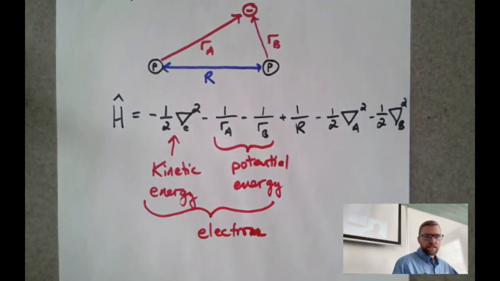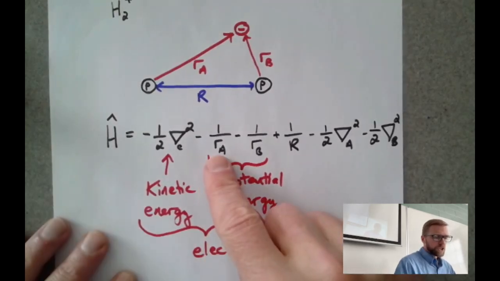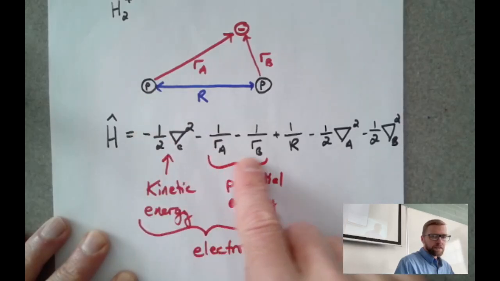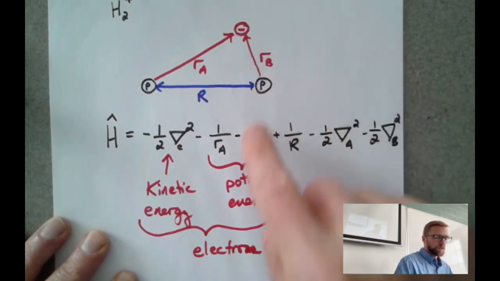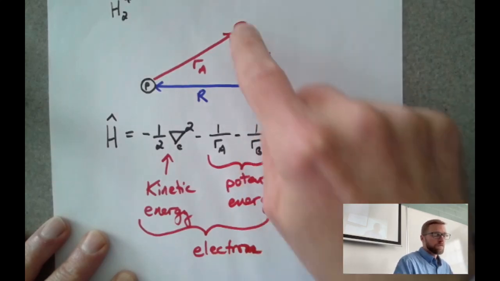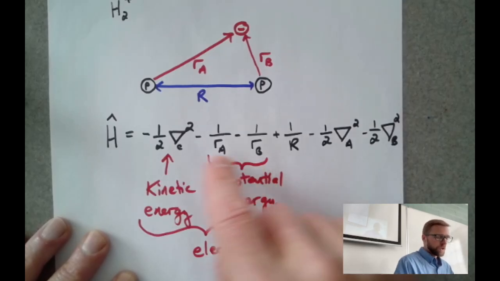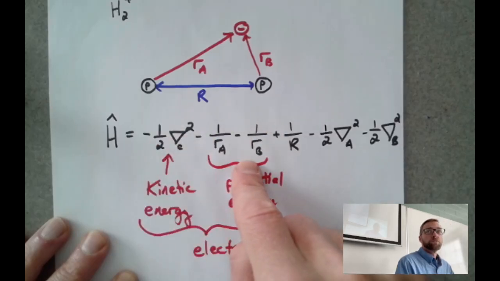So this is the potential energy term of the electron with respect to proton A. This is the potential energy term of the electron with respect to proton B. Okay, so all these things right here are terms for the electron's motion.